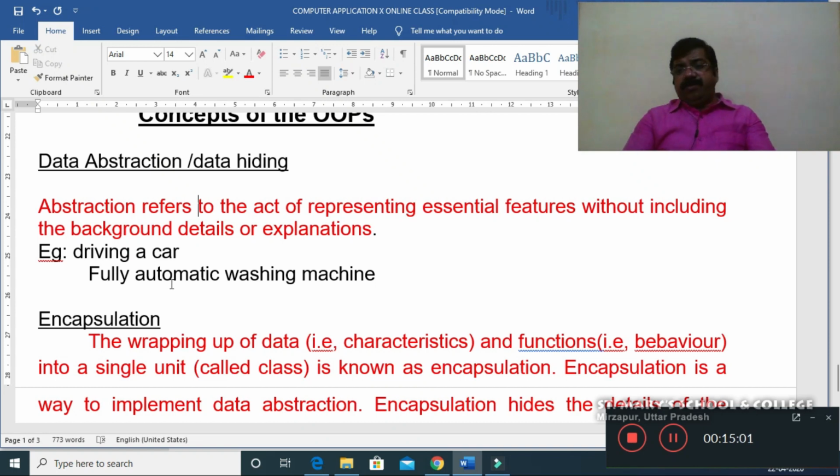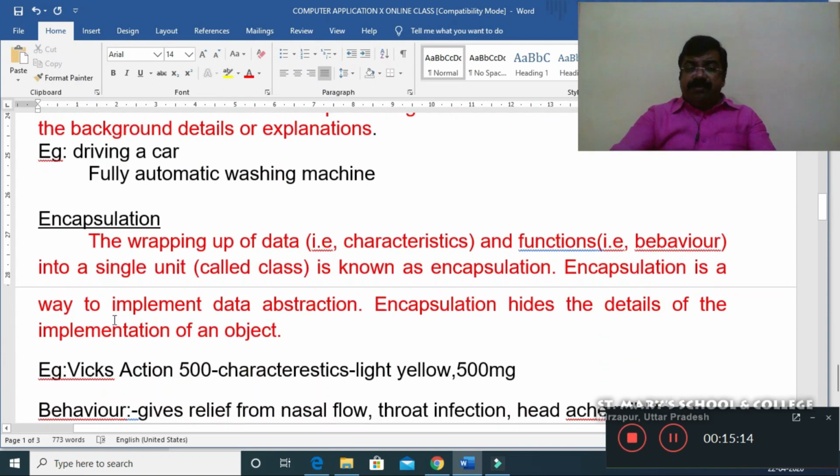Okay. Then the next concept in object-oriented programming is encapsulation. The definition: wrapping up of the characteristics of the data and functions, that is the behavior, into a single unit is known as encapsulation.